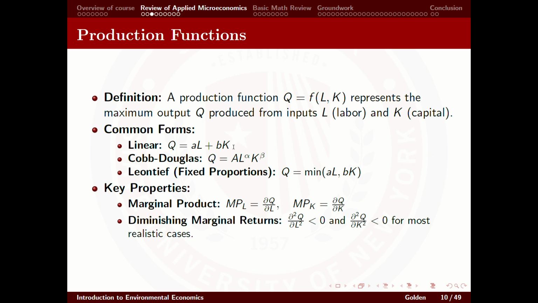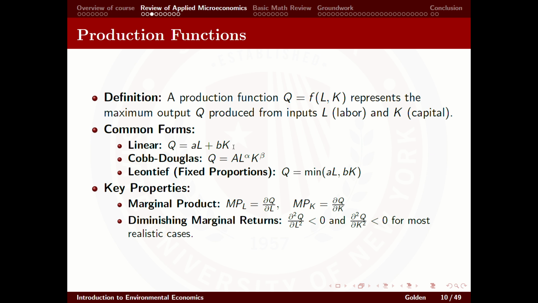The marginal product of labor is the derivative of quantity with respect to labor. Same thing for the marginal product of capital. There's also diminishing marginal returns, which basically means at some point you have less of an ability to produce more with increasing labor and capital.